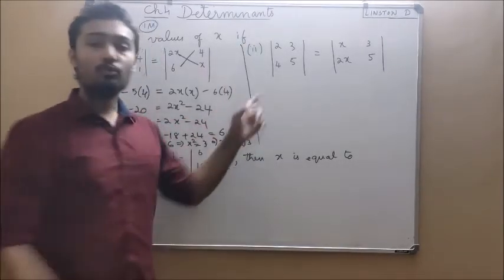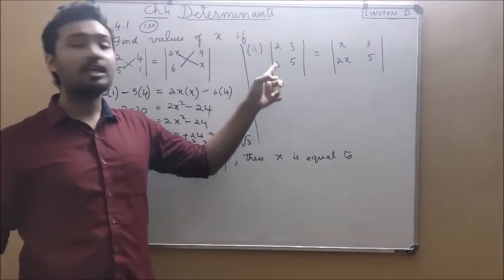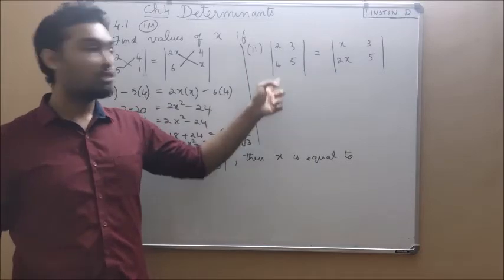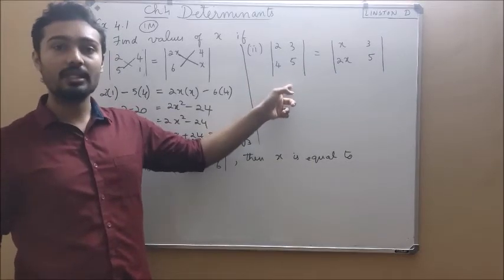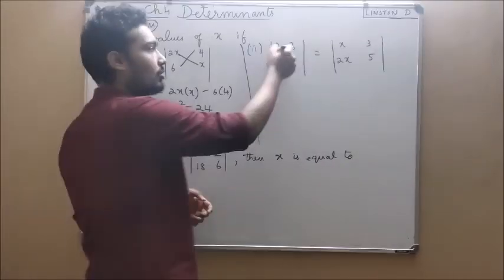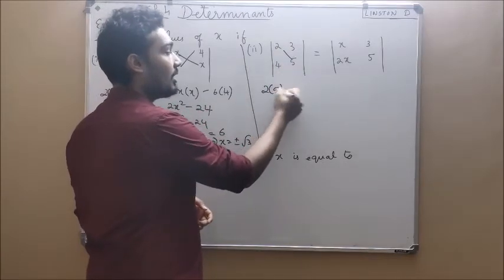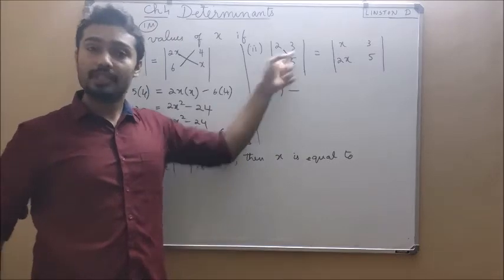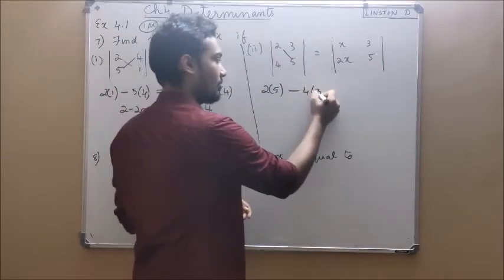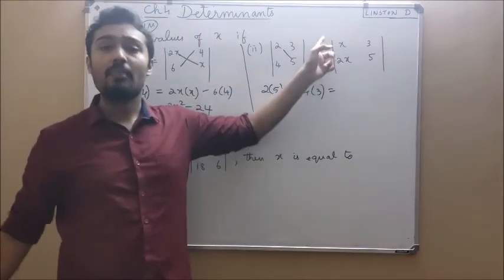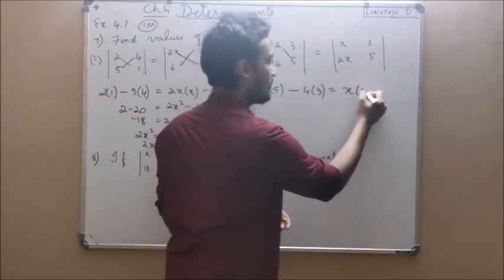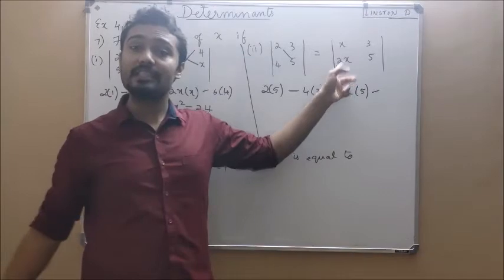Next, we move to the second question. The determinant of this equals the determinant of this. We have to find the value of x. So find the determinant here. Multiply the diagonal, 2 into 5, then minus 4 into 3, which equals, here multiply the diagonal, x into 5 minus 2x into 3.